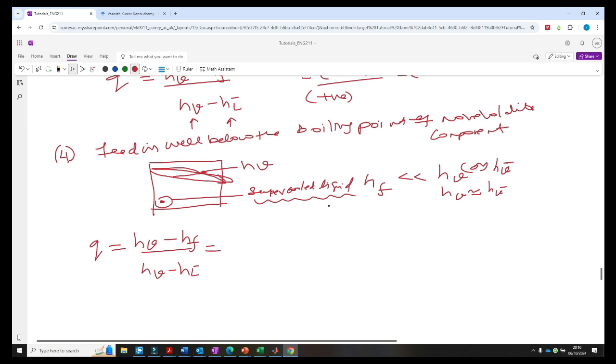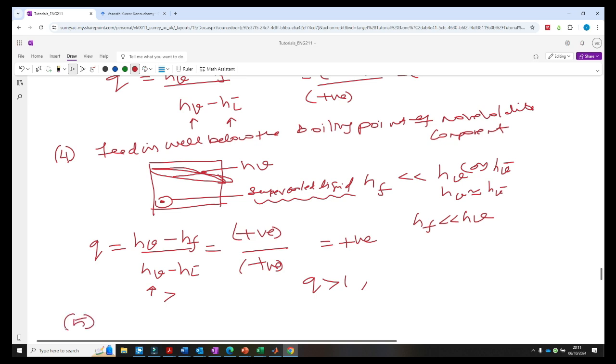So you get a positive quantity on the top, and we already know that the enthalpy of the saturated vapor should be greater than the enthalpy of the saturated liquid, so the denominator is positive too. So this is a positive quantity. Typically Q will be greater than 1 if your feed liquid is well below the boiling point of the more volatile component. Okay, so let's go to the fifth condition.